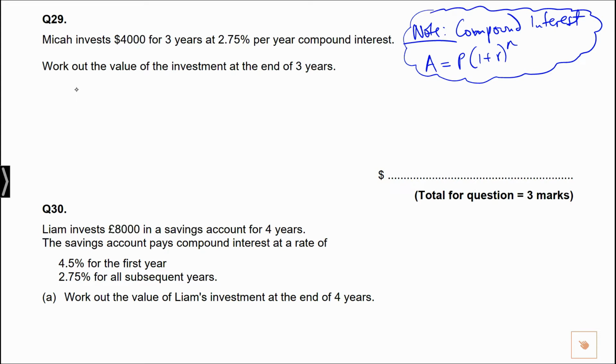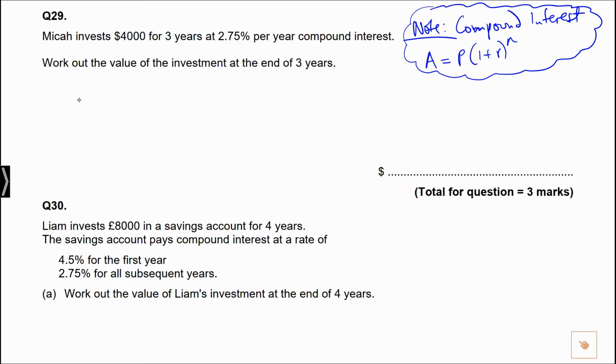So basically, the value of the investment at the end of 3 years would be equal to the original amount that was invested, which is 4,000. And then we have 1 plus the rate. Now you have to change the rate to a decimal, so that will be plus 0.0275 to the power of 3.